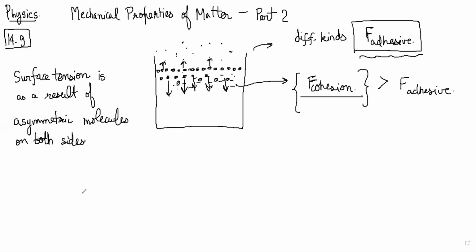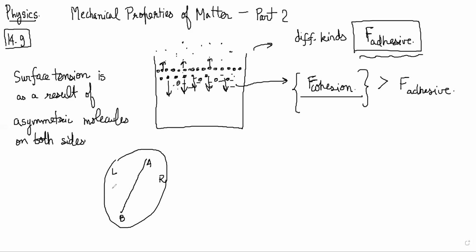Now, he explains this also below figure 14.13. He takes a drop of water, and on this water surface, suppose a line AB is drawn. This line AB partitions the water surface into two halves, the left half and the right half.